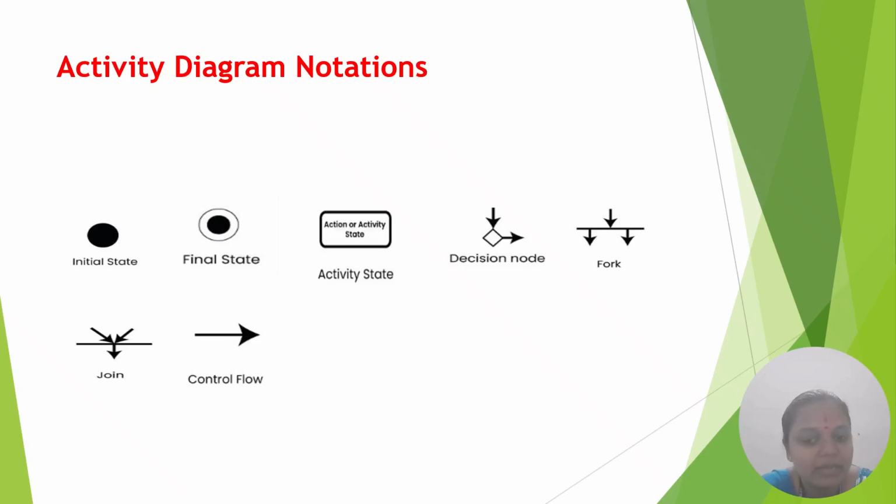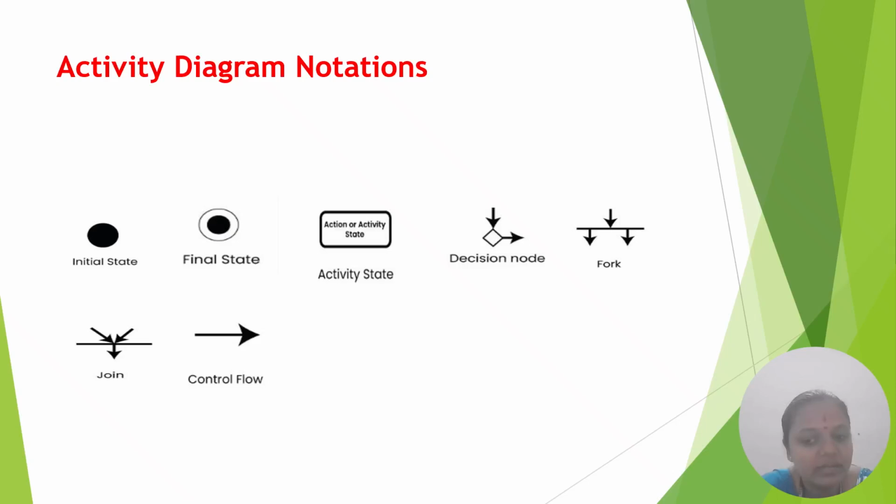In simple terms, a join node means wait for all parallel tasks to finish before moving to the next step. The main purpose of join node is to synchronize parallel activities. When several actions are happening at the same time, the join node ensures that the process will not move ahead until every parallel task is completed.